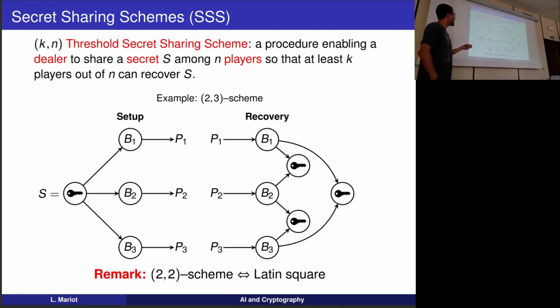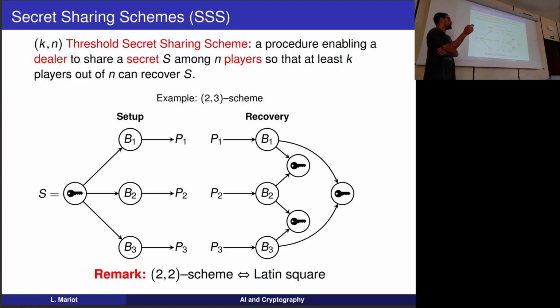Then at a later stage, we will have any 2 combinations of players, so P1 and P2, P2 and P3, and P1 and P3, that can combine their respective shares in order to reconstruct the original secret. And we noticed that if we use certain combinatorial structures, such as Latin squares, a simple Latin square is basically a 2 out of 2 secret sharing scheme, because we can share a single secret, a number between 1 and n, where n is the side of our Latin square.